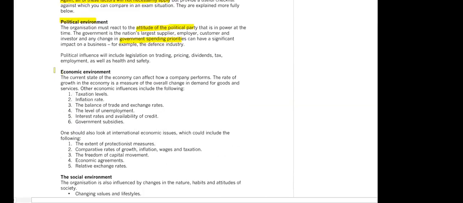Similarly, the economic environment, the economic factors: the state of the economy, not just the economy in which the company is operating, but if you're going for an international market, then the international economy is also a relevant factor, because that determines demand for goods and services.